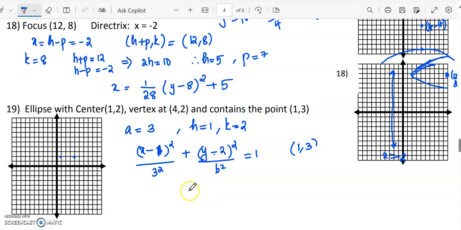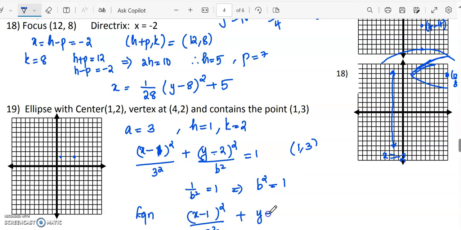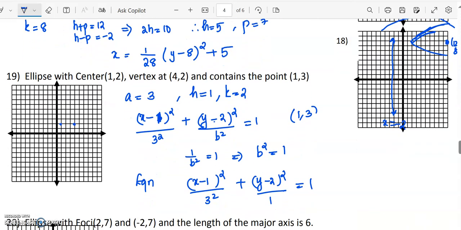So 3 minus 2 will be 1, so we will get 1 by b square equal to 1. So we will get b square equal to 1. So therefore the required equation will be (x minus 1) whole square by 3 square plus (y minus 2) whole square by 1 equal to 1. So that will be the equation of the conic.